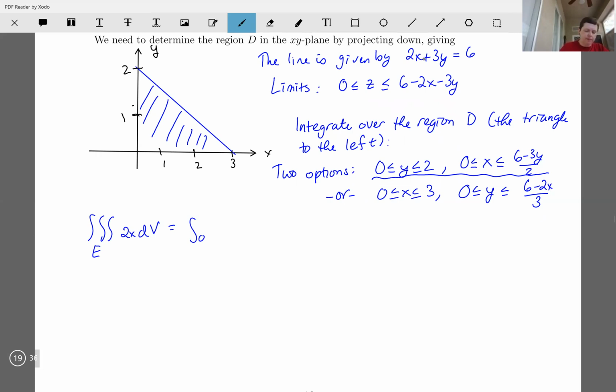Doing that, I'm going to obtain the integral from 0 to 2 for y. x goes from 0 to negative 3 halves y plus 3. And z goes from 0 to 6 minus 2x minus 3y, of 2x dz dx dy.